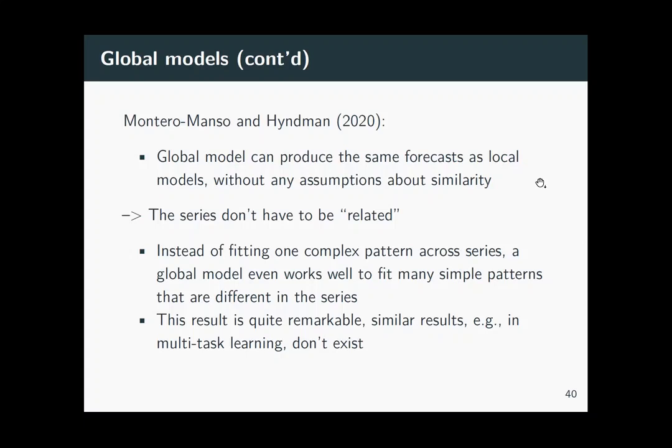And the global model will even fit if you have many simple patterns that are quite different across the series. This result is remarkable because similar results in multitask learning for regression don't exist. So it's something that works in forecasting.